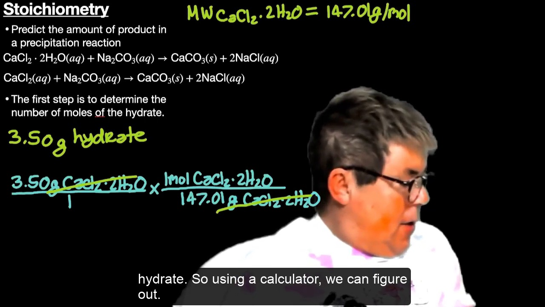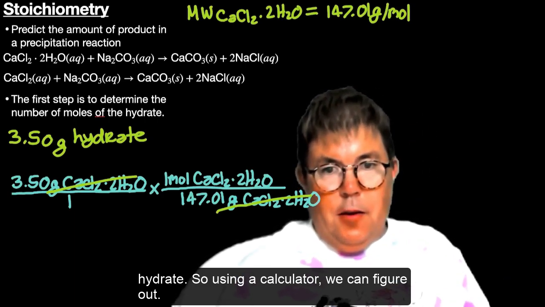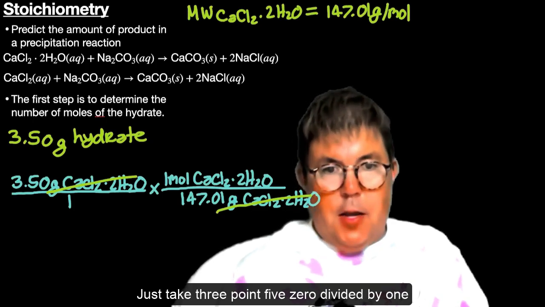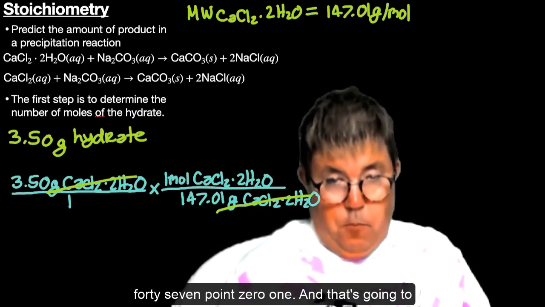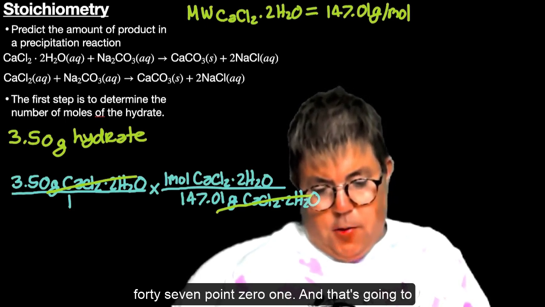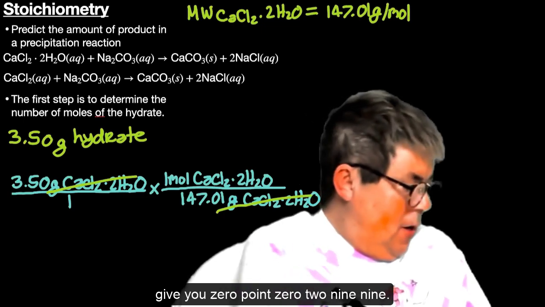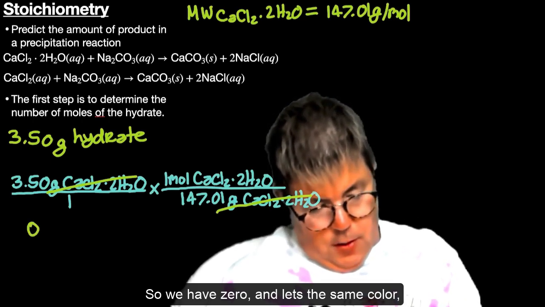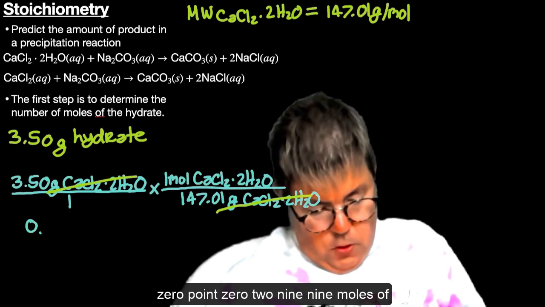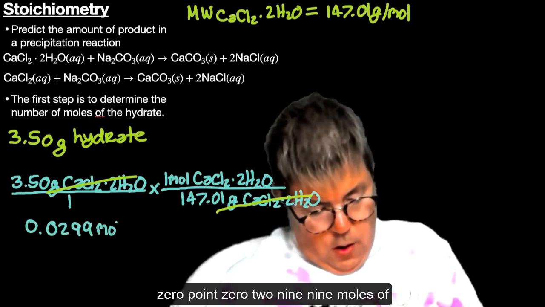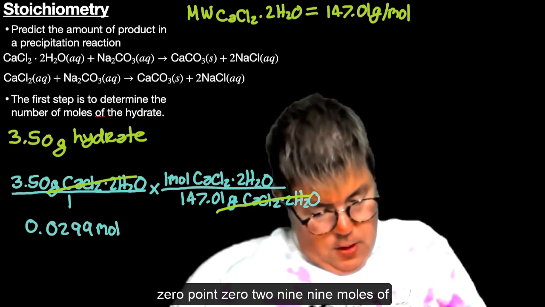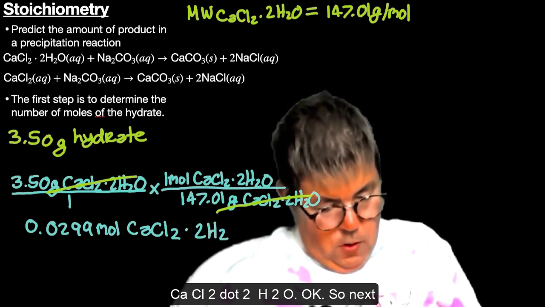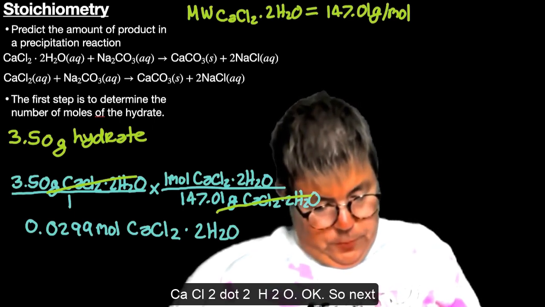So using a calculator, we can figure out, just take 3.50 divided by 147.01, and that's going to give you 0.0299. So we have 0.0299 mole of CaCl2.2H2O.